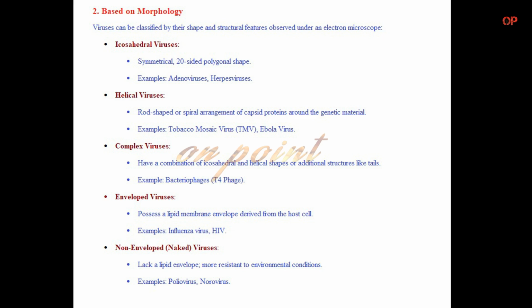Complex viruses have a combination of icosahedral and helical shapes or additional structures like tails. Example: bacteriophages, T4 phage. Enveloped viruses possess a lipid membrane envelope derived from the host cell.